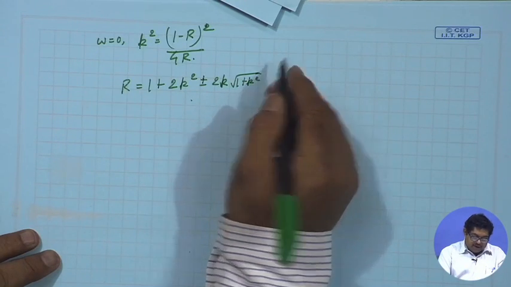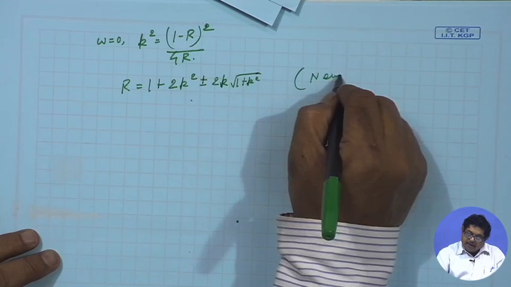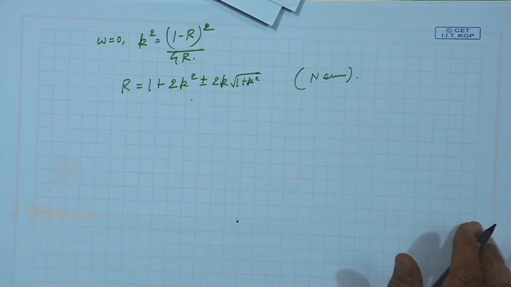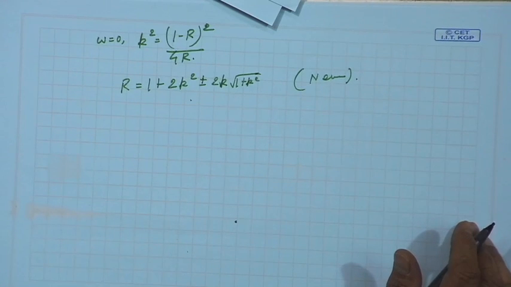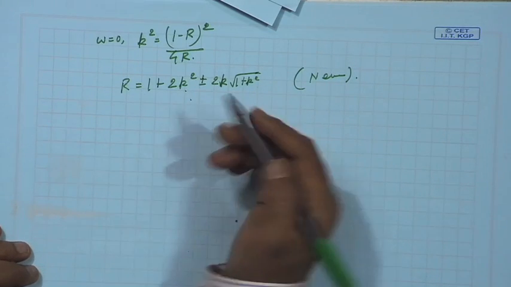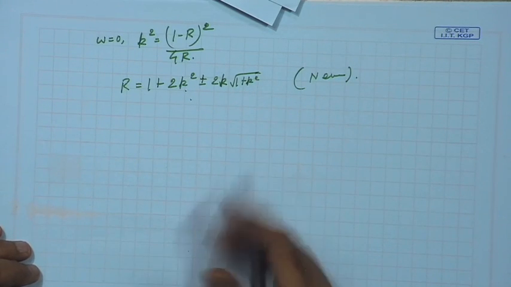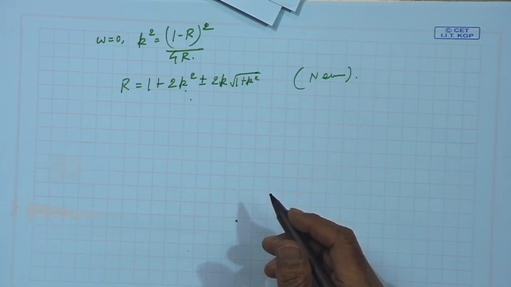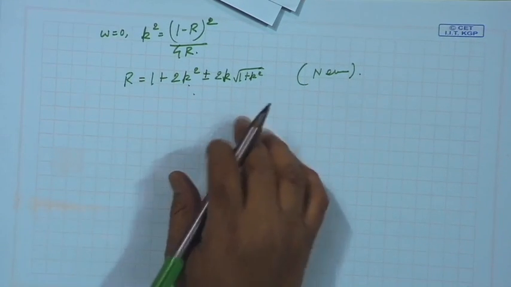So, k is what? This is for n even. K is the ripple level. So, that will be specified, that I want ripple not to cross this. Once I know that, I know k value. So, I can find out r. Similarly, can do. So, these things can be done at hand.